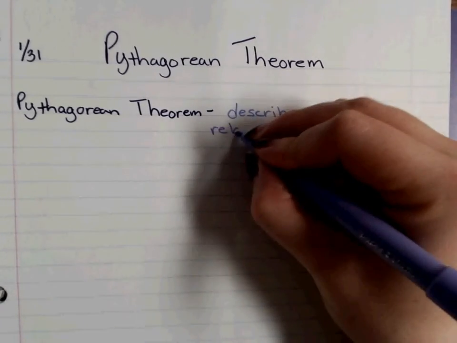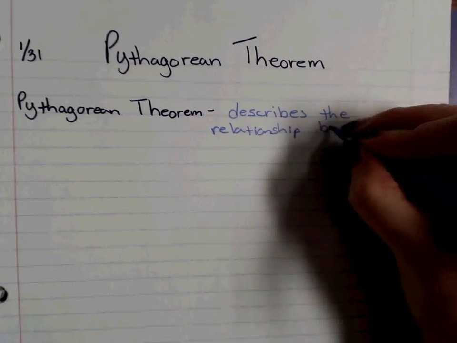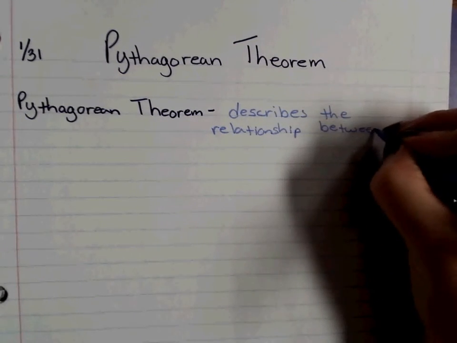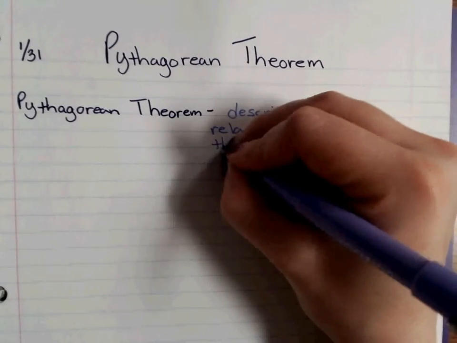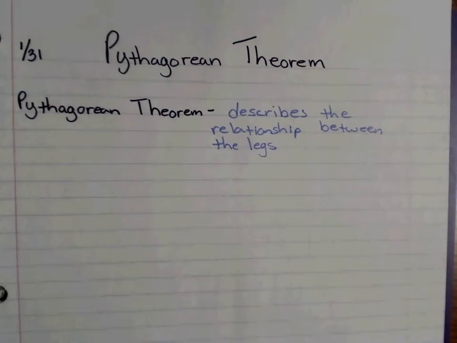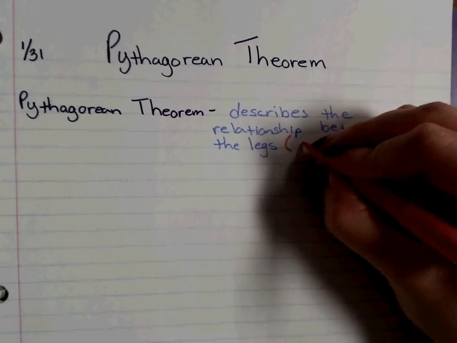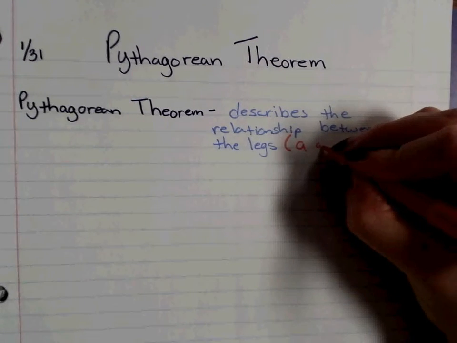Okay? So, again, it's going to describe the relationship between the legs, and for that I'm going to go ahead and put legs in parentheses. That's the values A and B. That's what we call them.